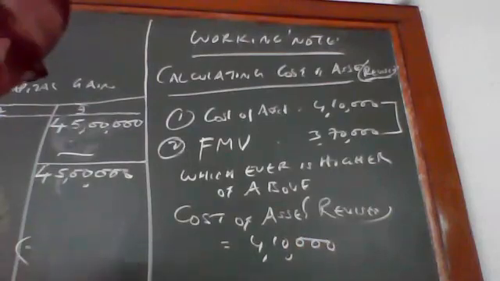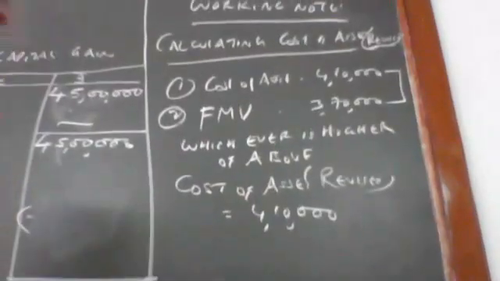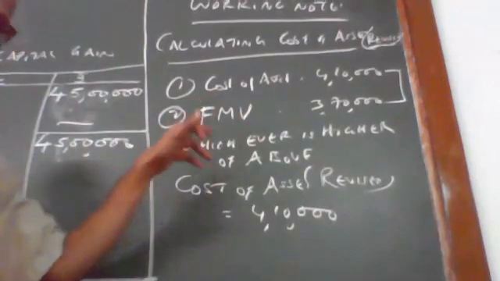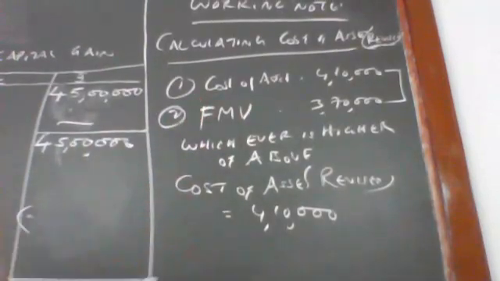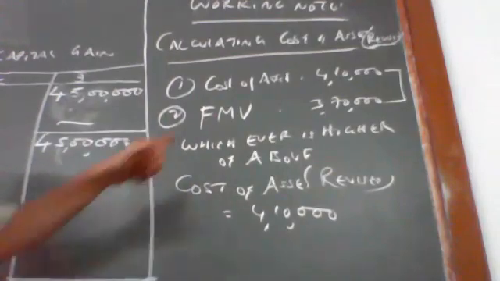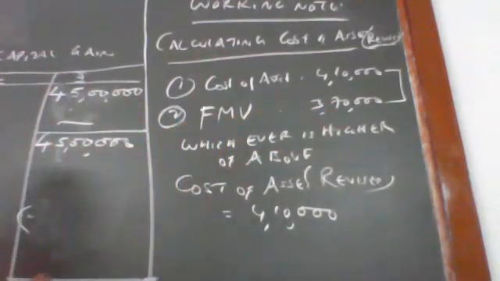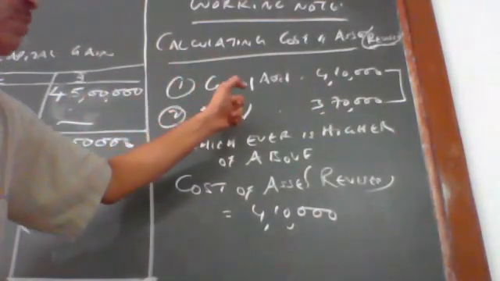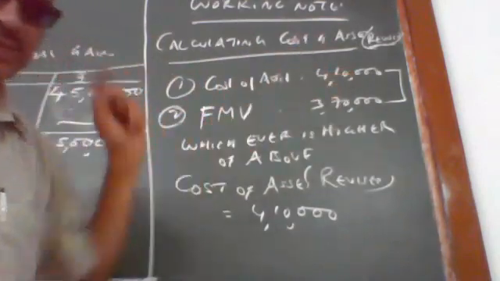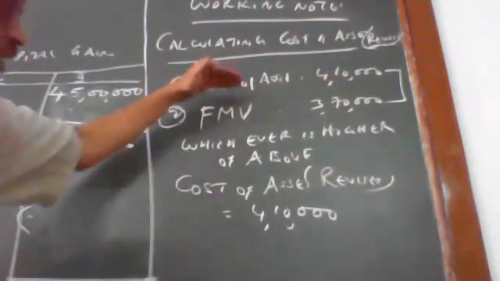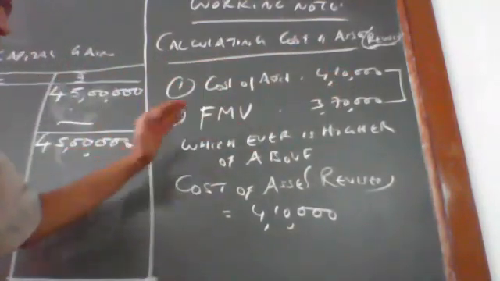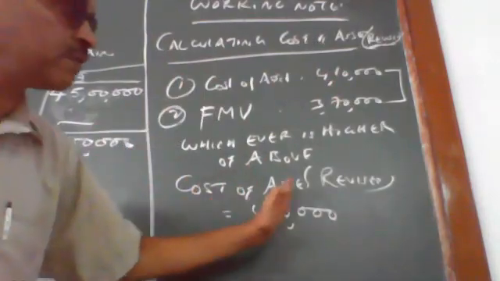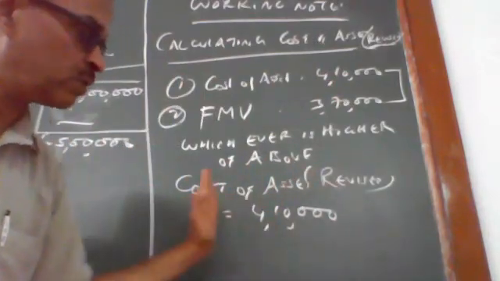So, why do we have to refer to the fair market value? Because the house was purchased before 2001, you have to compare with the fair market value given in the problem. The purchase price is 4,10,000, but out of these two, whichever is higher will be the revised cost of asset.